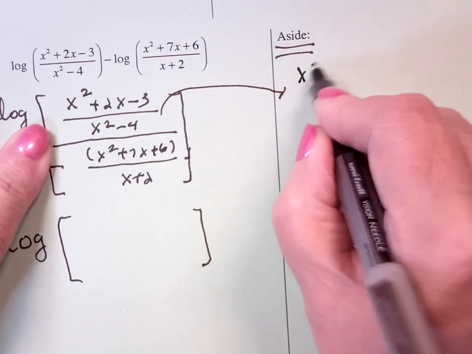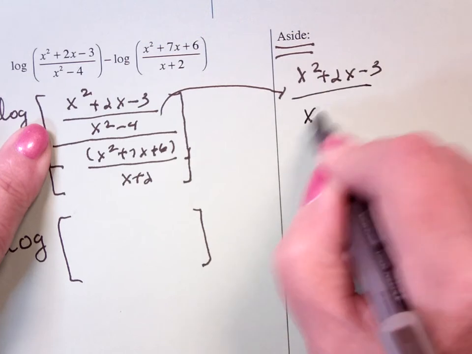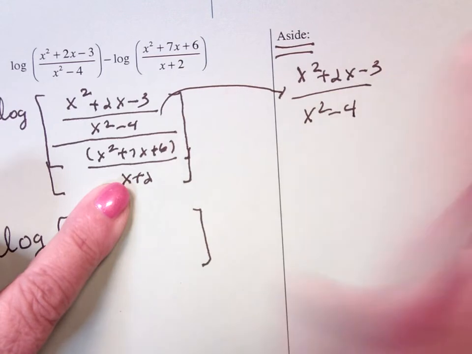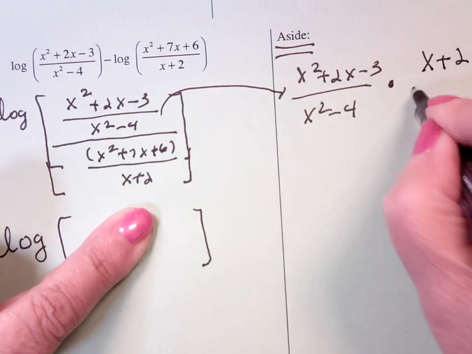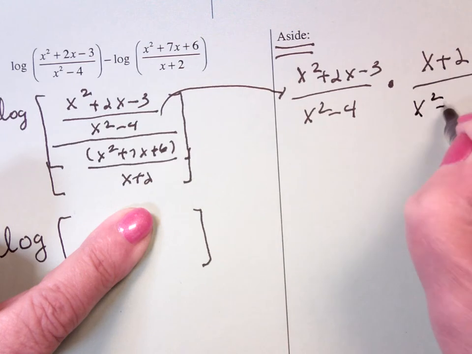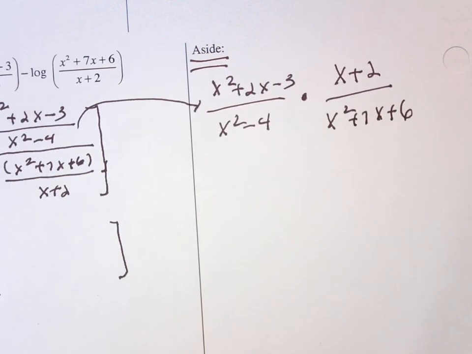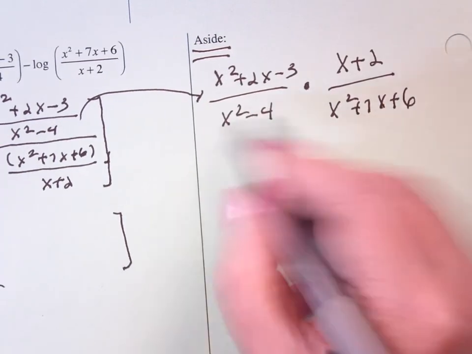So I'm going to move this over to this side as an aside. If I look at x squared plus 2x minus 3 over x squared minus 4, divided by x plus 2 over x squared plus 7x plus 6, this is an invert and multiply complex fraction. That means what I need to do now is factor and reduce.